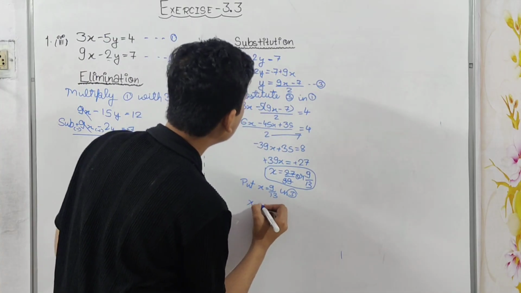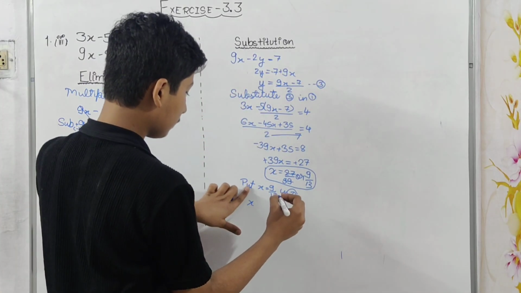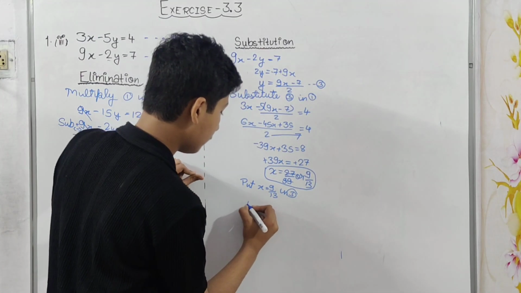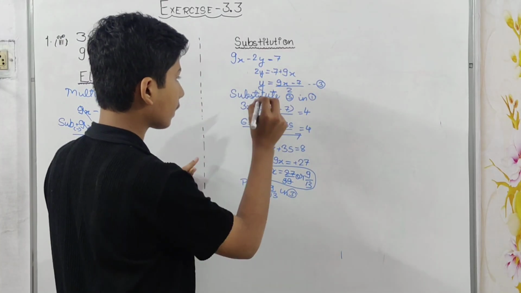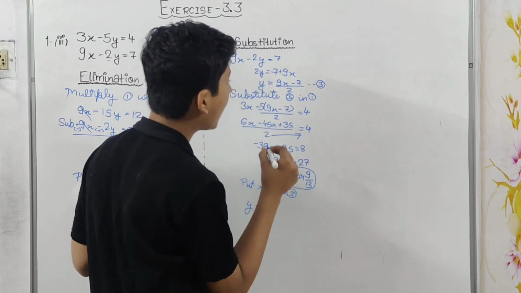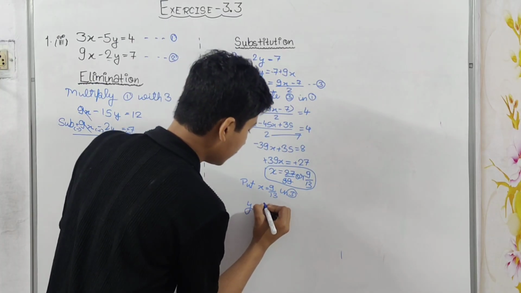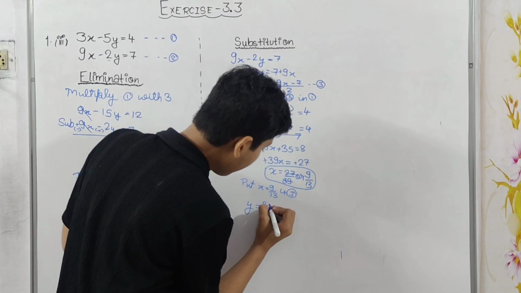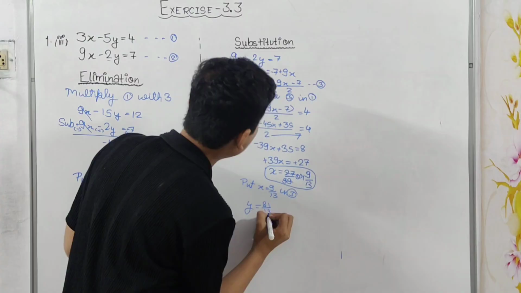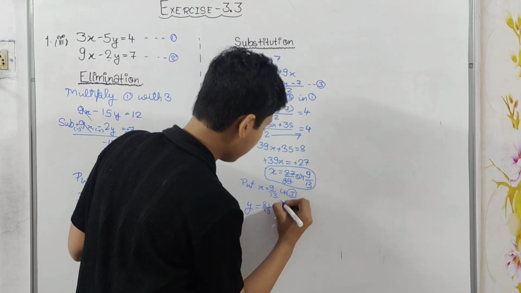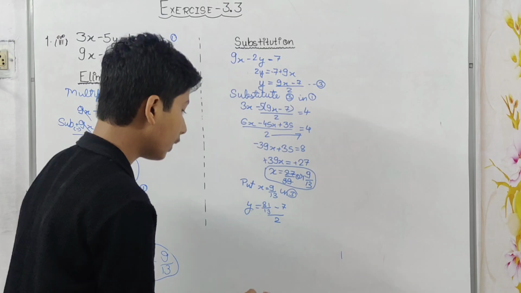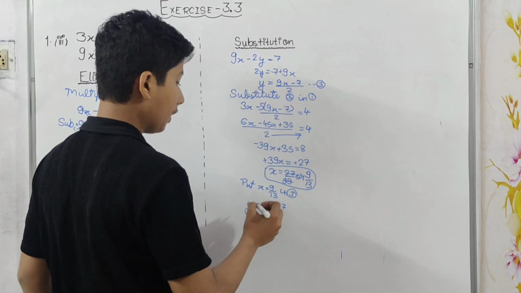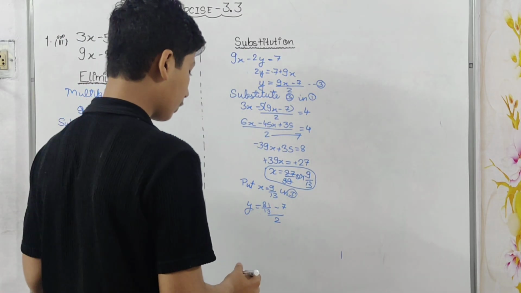So y equals 9 upon 13 into 9, which is 81 by 13, minus 7 upon 2. 13 sevens are 91, means minus 10 upon 2.